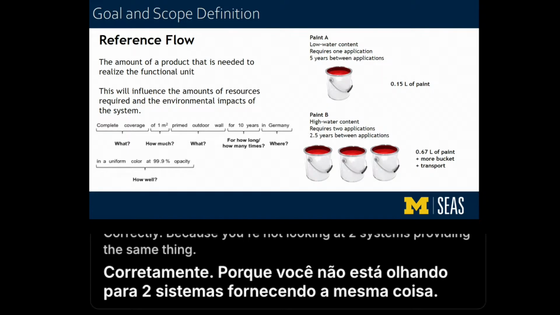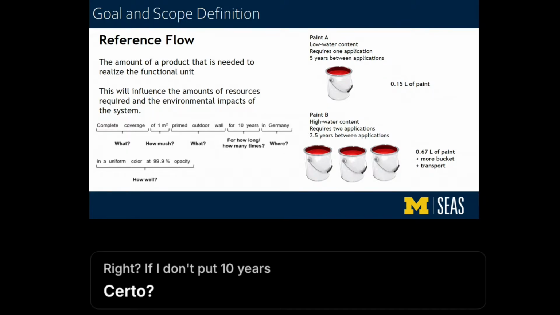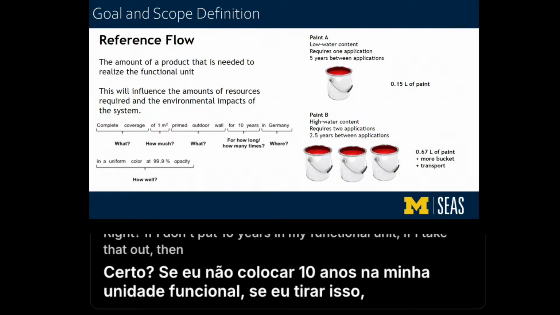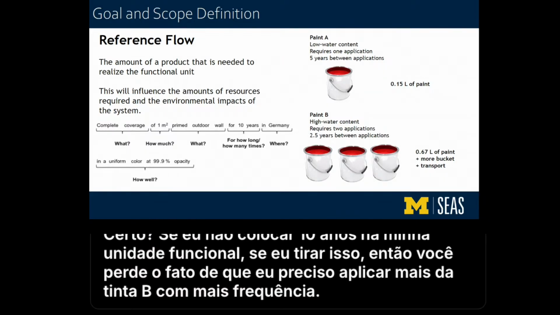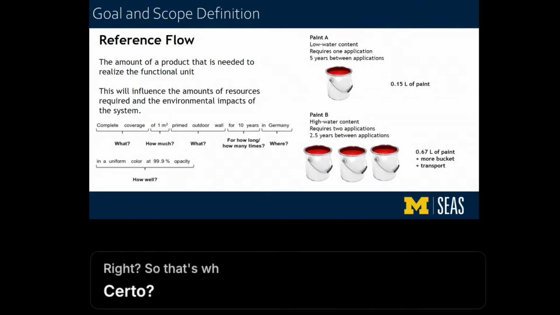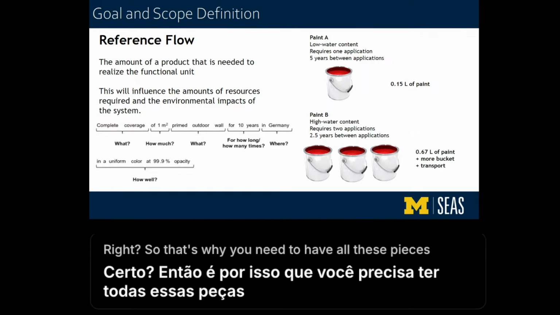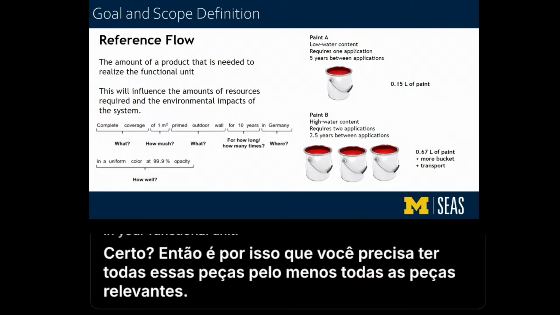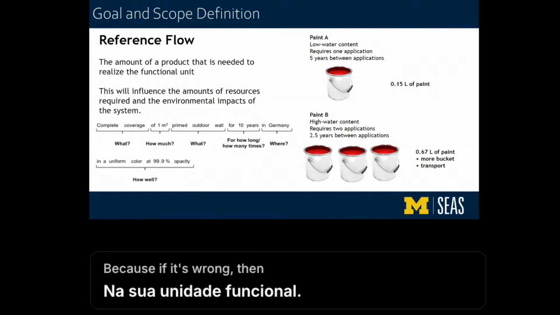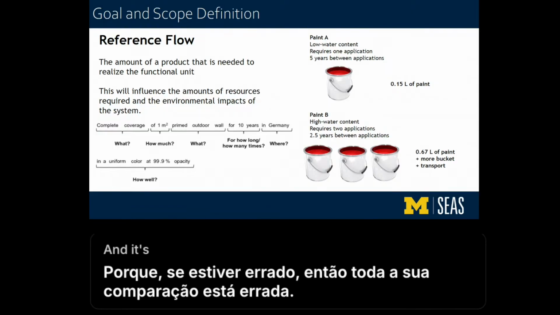If I don't put 10 years in my functional unit, if I take that out, then you miss the fact that I need to apply more of paint B more frequently in order to keep the wall covered, right? So that's why you need to have all these pieces, at least all of the relevant pieces in your functional unit. Because if it's wrong, then your whole comparison is wrong. And it's not going to help. It might make the wrong decisions.